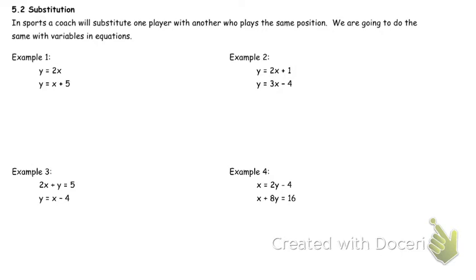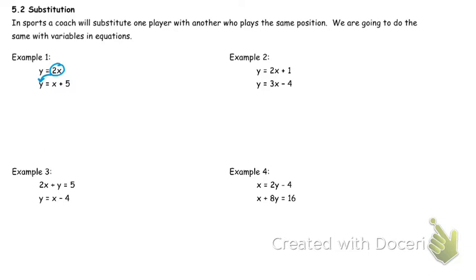Y is equal to 2x. Y and 2x are interchangeable. They're the same thing. Y is also equal to x plus 5. So what we can do is, since y is equal to 2x, we can take this 2x and substitute it in for the y because they're the same thing.